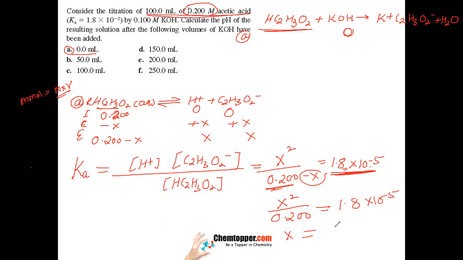It will be 1.8 times 10 raised to a minus 5 times 0.200, square root. This is how we worked many questions earlier also, how to determine the pH of weak acids. And how much is this? You did the calculations?